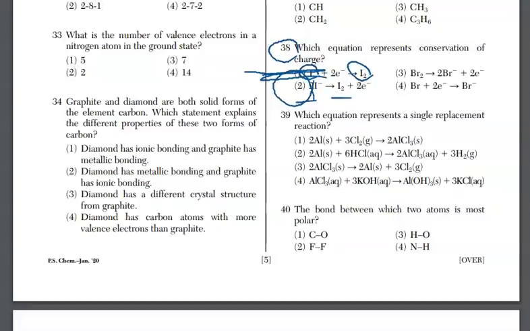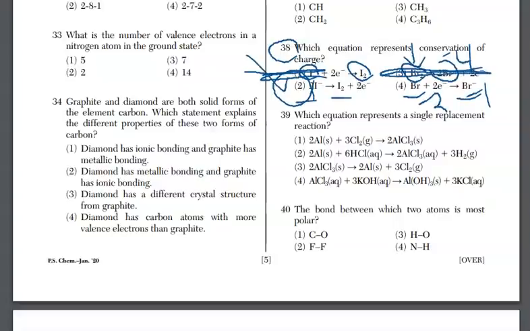For choice 3, I start with 2 Br's, I end with 2 Br's, but I have no charge here on the left, and I have a total of -4 here on the right. Can't be choice 3. And then for choice 4, I start with 1 Br, I end with 1, but overall this side with the 2 electrons is a -2 and only a -1 on the right. The answer for 38 was choice 2.